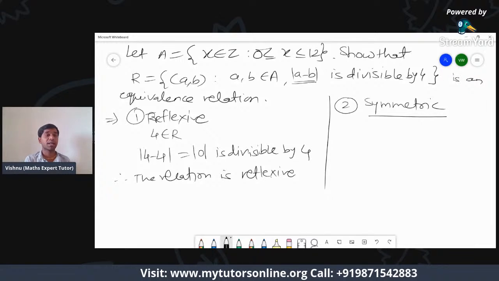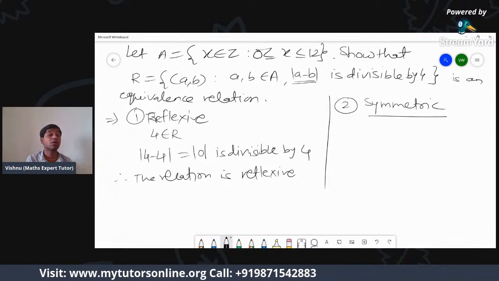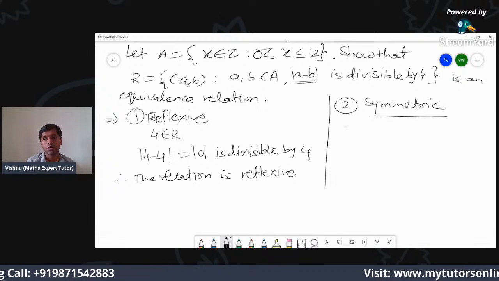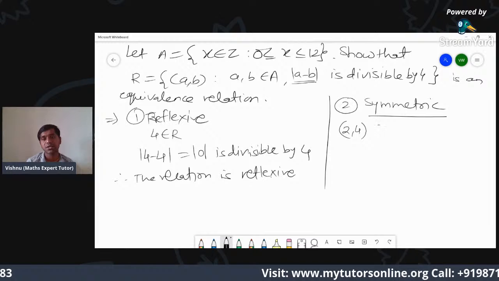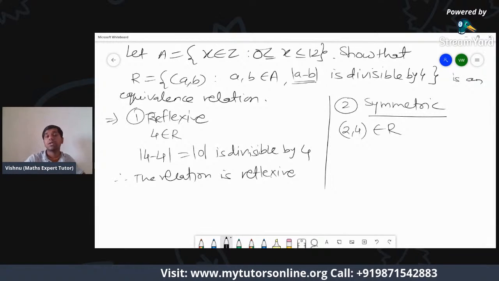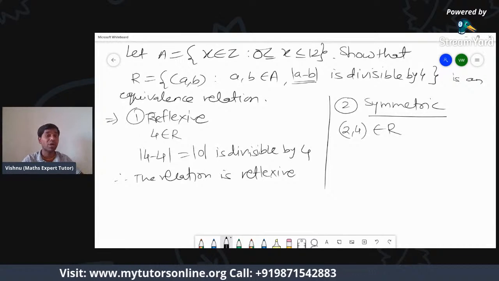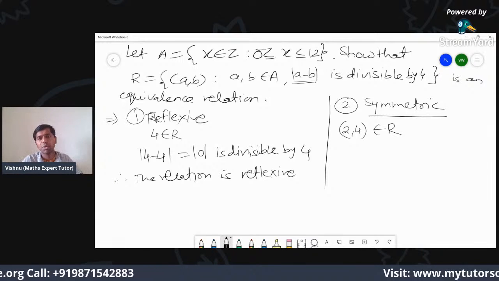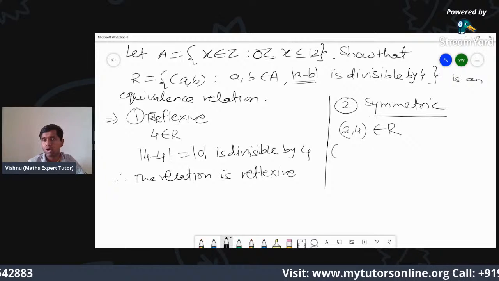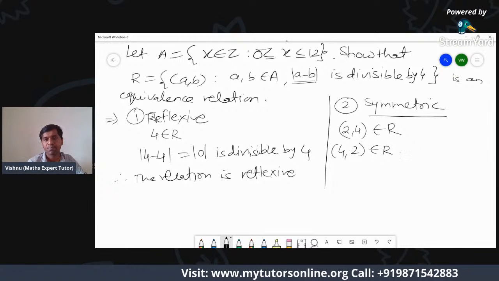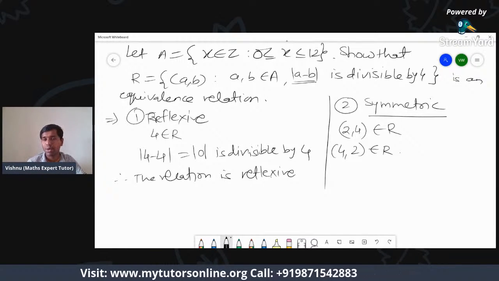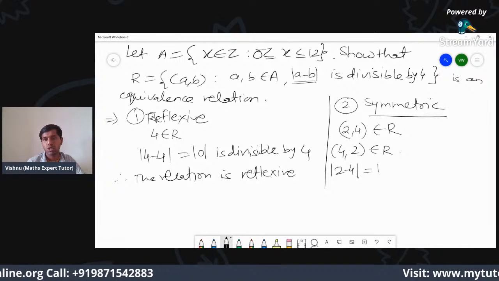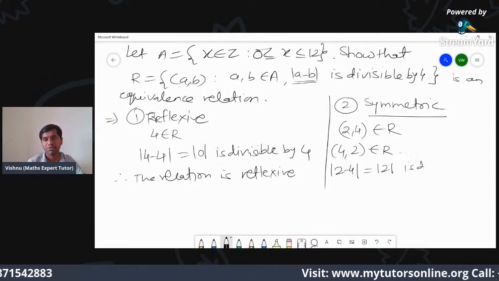Let's go for the symmetric relation. We will have to take two numbers. Let's say (2, 4) belongs to R. Yes, 2 falls in the range 0 to 12, and 4 also falls in the range 0 to 12, so (2, 4) belongs to R. Then (4, 2) also belongs to R. Why? Because |2 - 4| = 2, and |4 - 2| is also 2, both of which are divisible by 4.